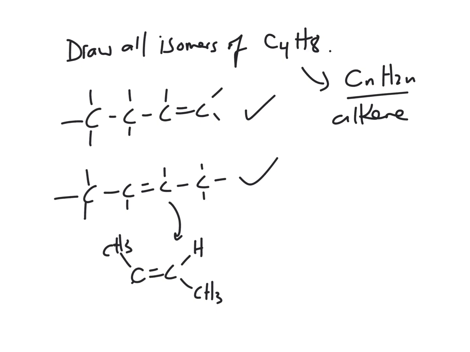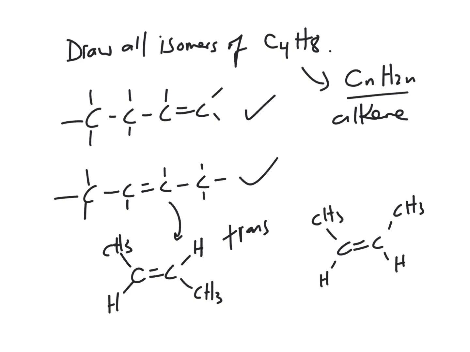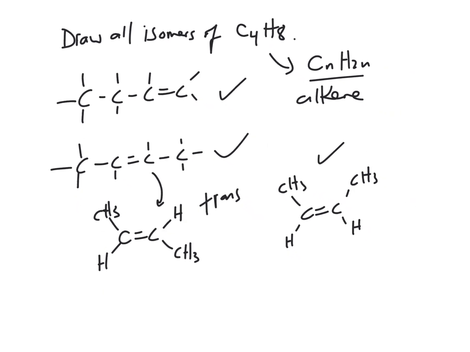Even though it's not a methyl, it's actually part of the same group, but you get what I'm saying. And lo and behold, look at this. We have the trans isomer, right? So we have the trans version of this, and a completely different isomer is the cis version. So we'll show the cis version where they're on the same side. Okay. So we've got the cis version. So we have the trans and the cis. Those would count as separate isomers.